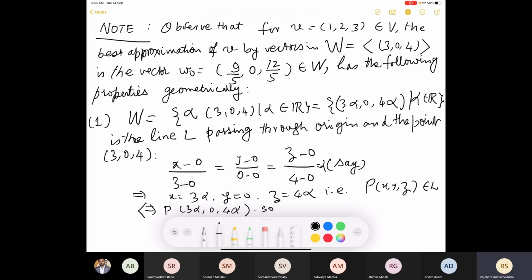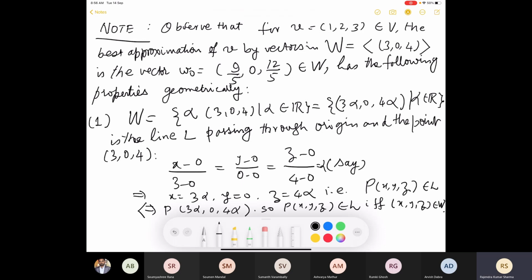So you see that this point P with coordinates, say, (x, y, z) in L, correspondingly, the vector (x, y, z) will be in W. So the point P (x, y, z) lies on L if and only if the corresponding vector (x, y, z) belongs to W. This is what it is.